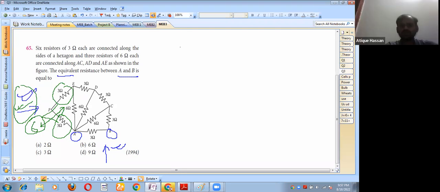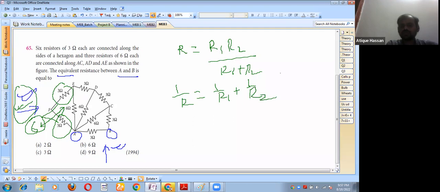For two resistors R1 and R2 in parallel, the equivalent resistance formula is R equal to R1 R2 by R1 plus R2, or we know that 1 by R is equal to 1 by R1 plus 1 by R2. This formula comes from the capacitor chapter, which we have already done.